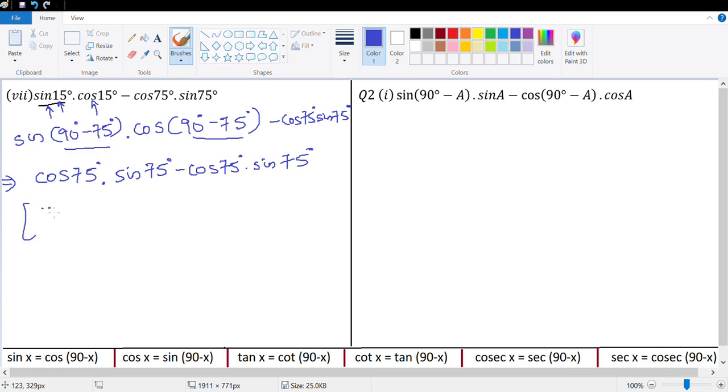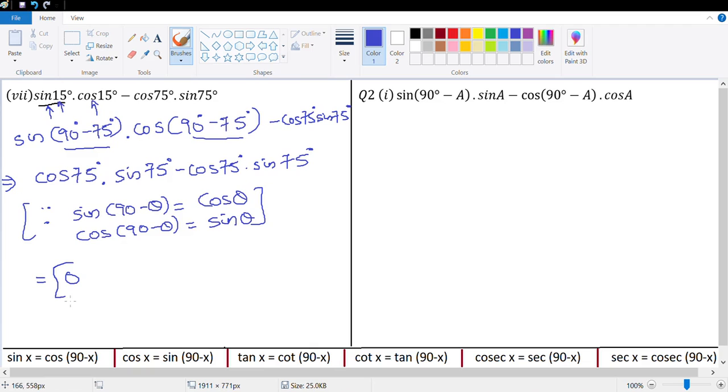Reason, there are two reasons, since sin 90 minus theta is equal to cos theta and cos 90 minus theta is equal to sin theta. So cos 75 dot sin 75 minus cos 75 dot sin 75 is equal to 0. Let's look at the next question.